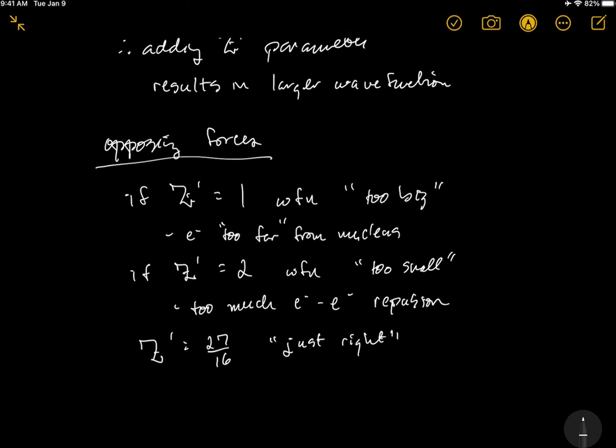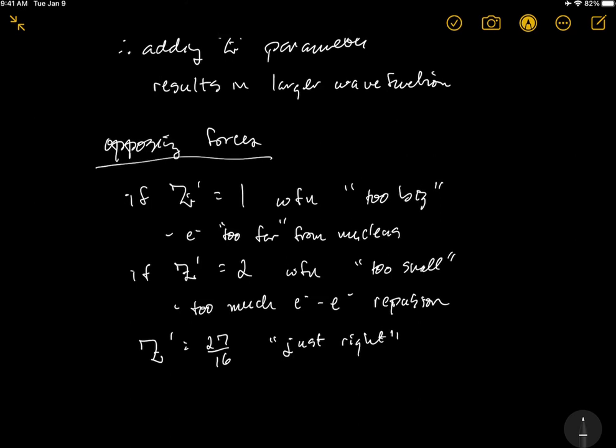A smaller wave function optimizes your interaction with the nucleus, but a smaller wave function also gives you increased repulsion, because both electrons are going to have the same shape of the wave function. If they're going to be occupying the same region of space, there's going to be a lot more electron-electron repulsion. And so Z prime equals 2 would be a wave function that's too small, and there's too much electron-electron repulsion.